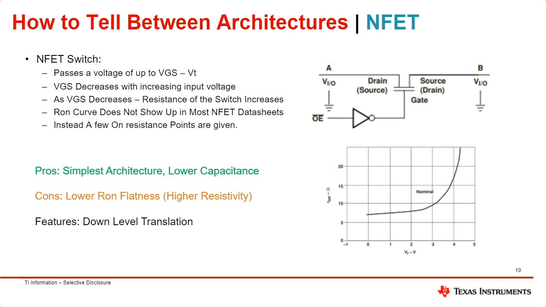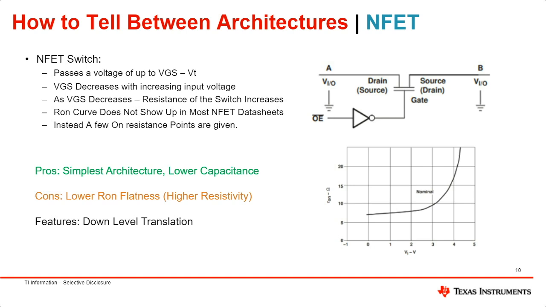A pro for this architecture is that it's the simplest one, since you just have one gate, and it has lower capacitance. But the con is it has lower R-on flatness, higher resistance. As you can see in the graph on the bottom here, as voltage increases, the R-on curve spikes, and the internal resistance of the device gets much higher as the voltage increases.